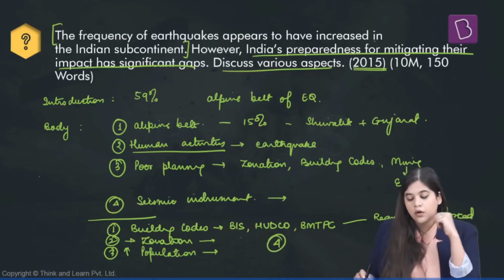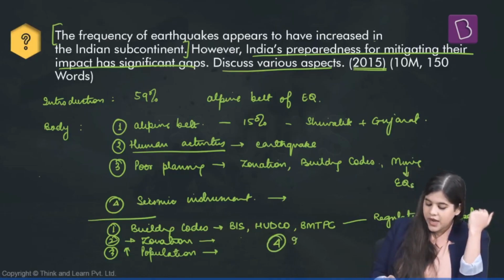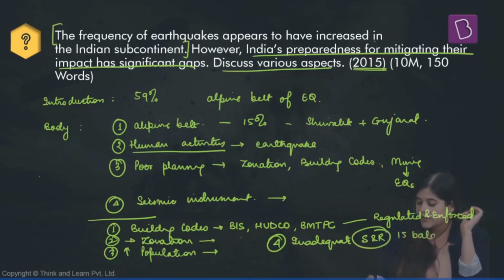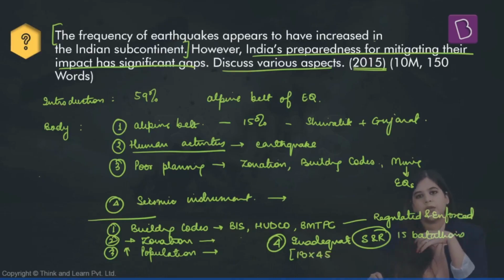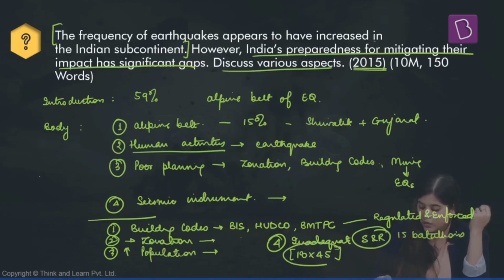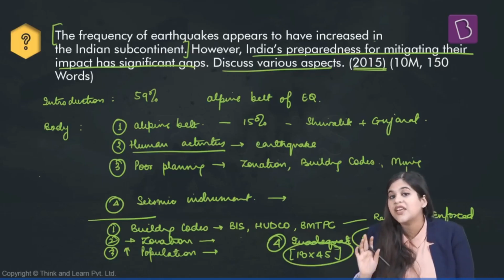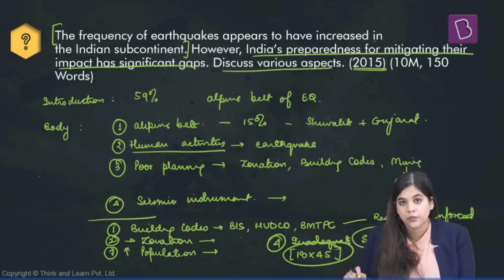Next, you can also talk about inadequate search and rescue forces. At present, we only have 15 battalions in NDRF. In each battalion, we have 18 teams of 45 personnel. So that is the whole amount of National Disaster Response Force that we have in the country as of now.